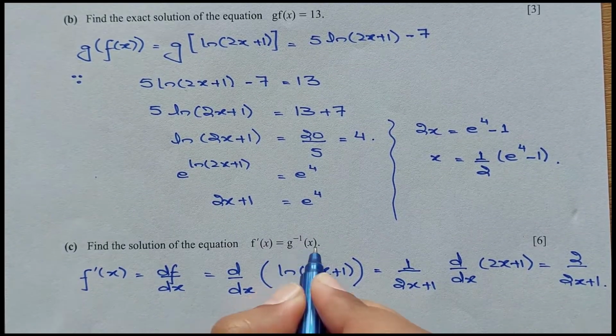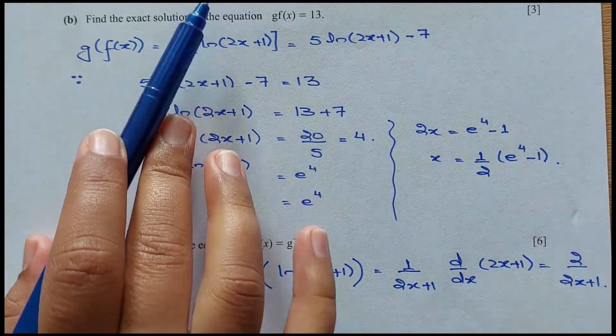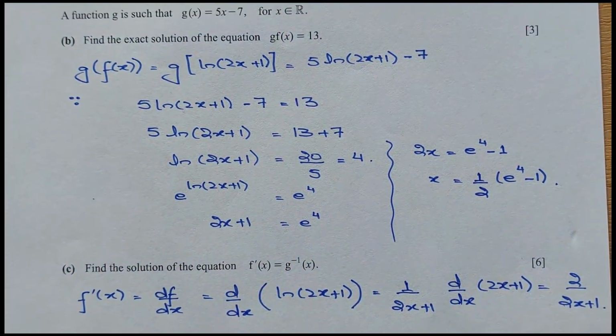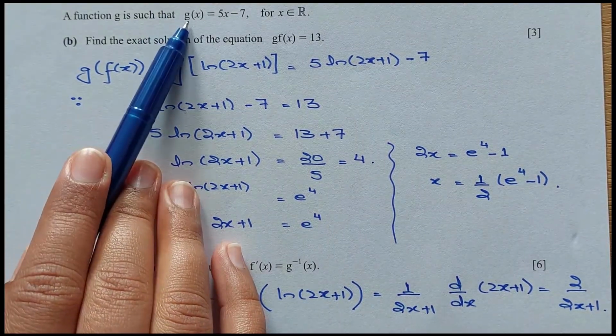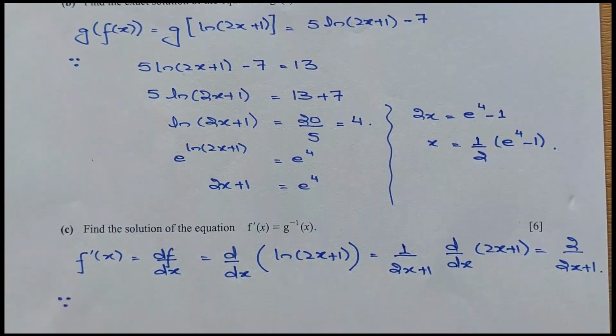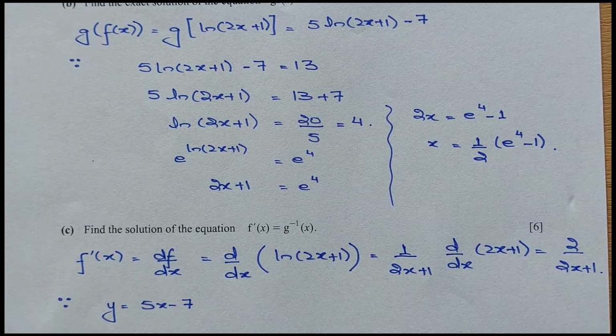Right, now finding g inverse. To get g inverse, first we have the function g, that is 5x minus 7. We put y equals g of x, so y equals 5x minus 7. That is the first step, right?